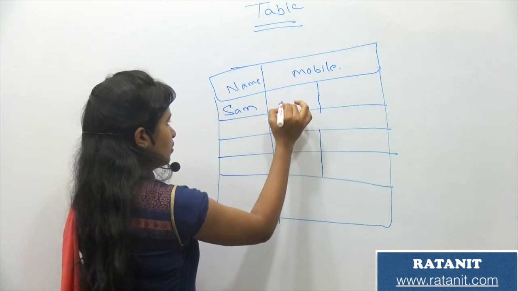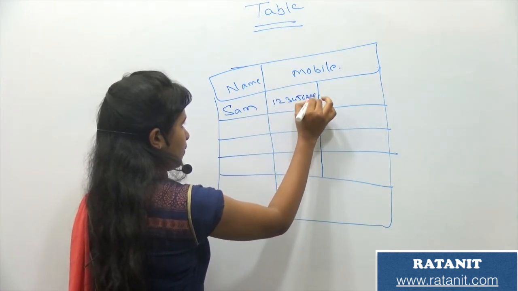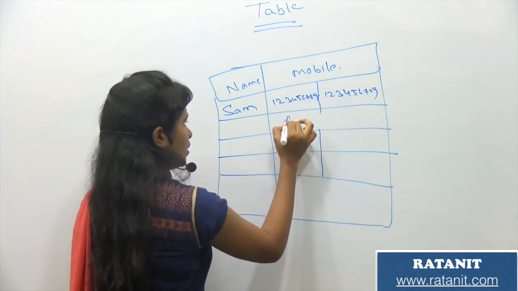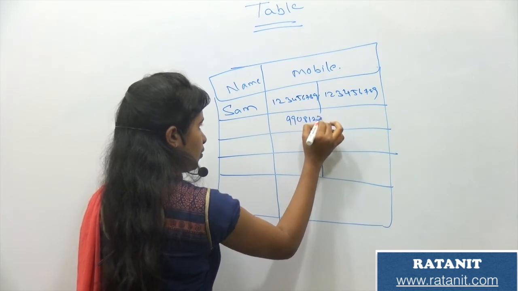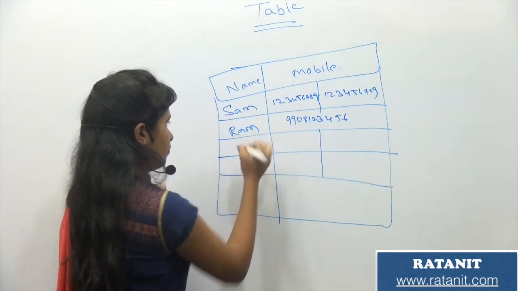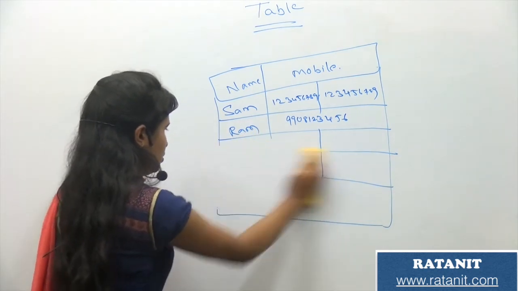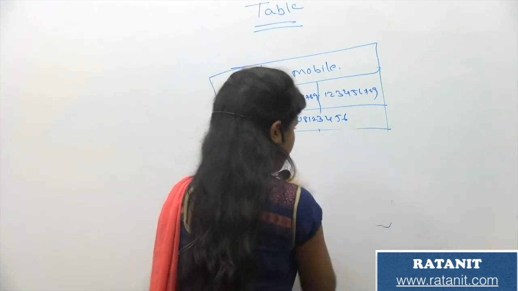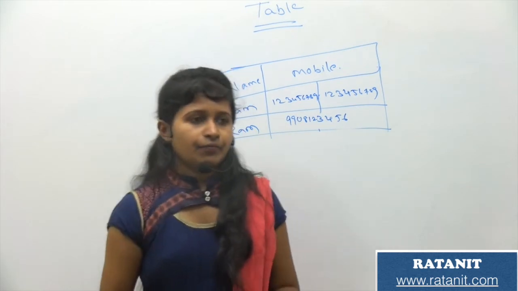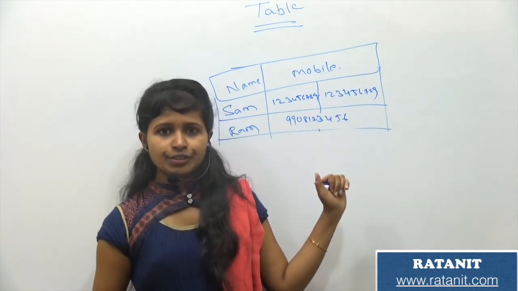Sam is having mobile number 1, and some of the people might have only one number, right? For this type of program, how are we going to write our HTML code?